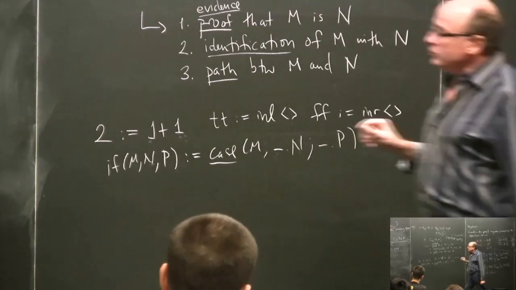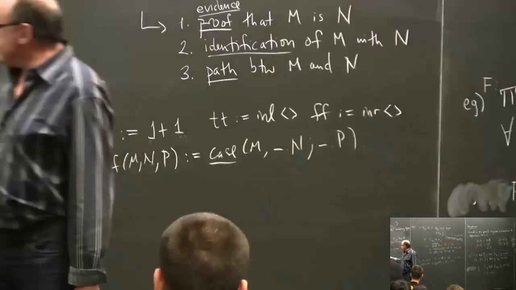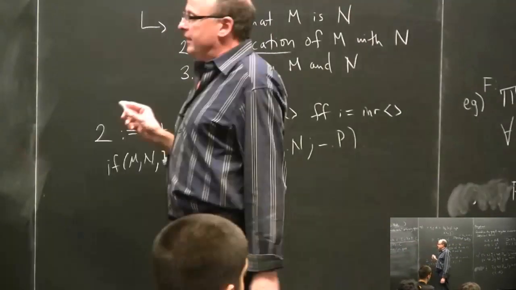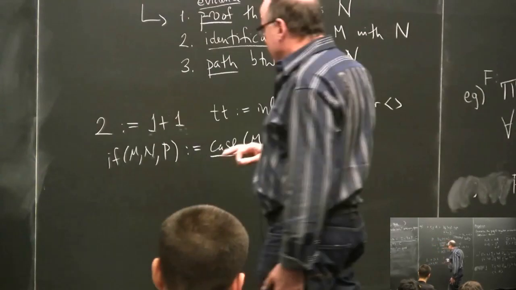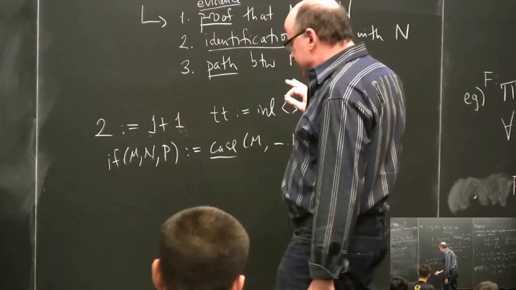Now if you look at the proof by cases of C, what's going on here? If you want to do proof by cases of C, I might want to prove something like this.